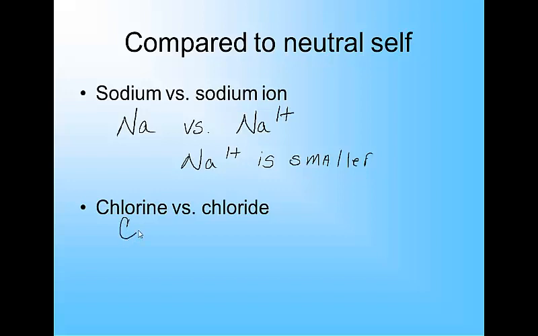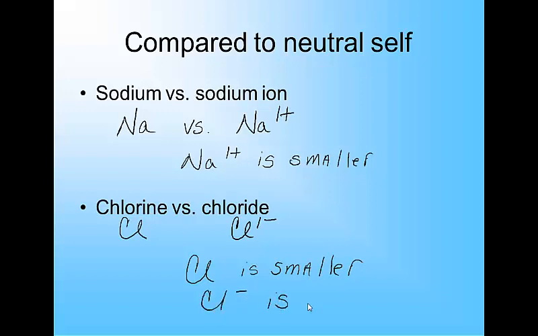For chlorine, just the atom, mind you, not the element, so the chlorine atom versus the chloride ion, the chlorine atom is smaller. Or the chloride ion is larger, whichever way you want to look at it, because they follow the trend.